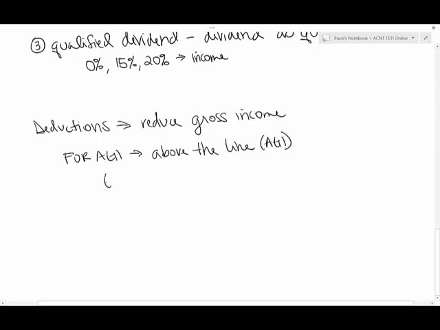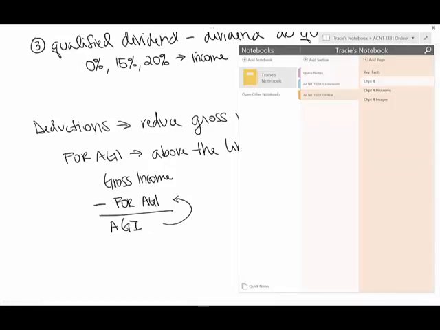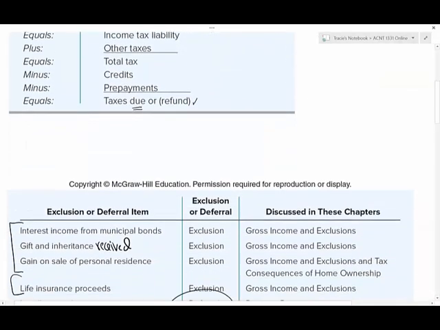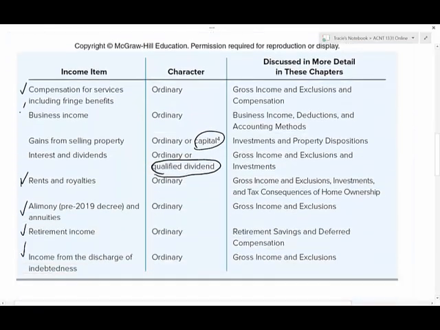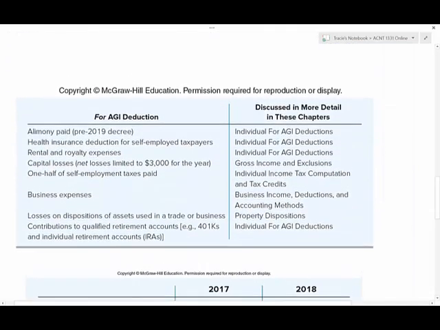We refer to this as an above the line deduction, and we mean line as in the AGI amount. So remember, in that tax formula, we take gross income minus for AGI deductions equals our adjusted gross income. So it's above the line. Now, in the book, they provide you with an exhibit of all of the common for AGI deductions.